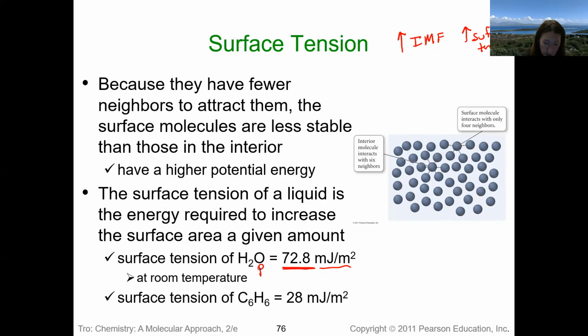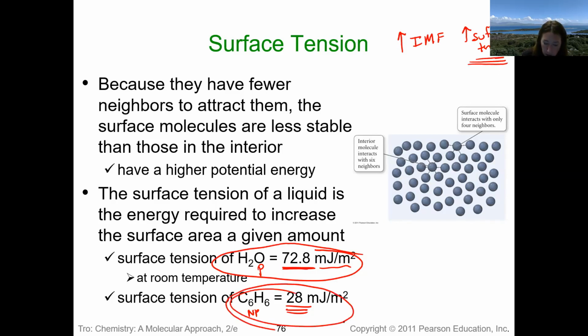It's just hydrogen bonding, super polar. This is nonpolar. Look how much lower its surface tension is, right? So a bug might not be able to actually land on it, because the surface tension is lower. Stronger intermolecular forces, higher surface tension. Weaker intermolecular forces, lower surface tension.